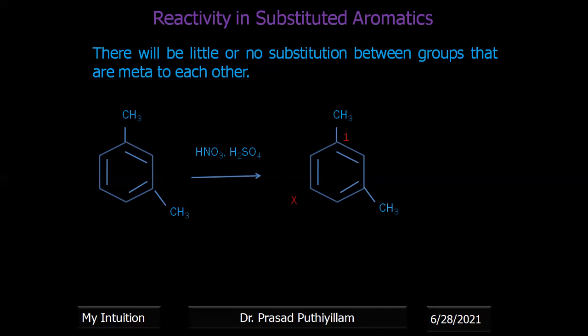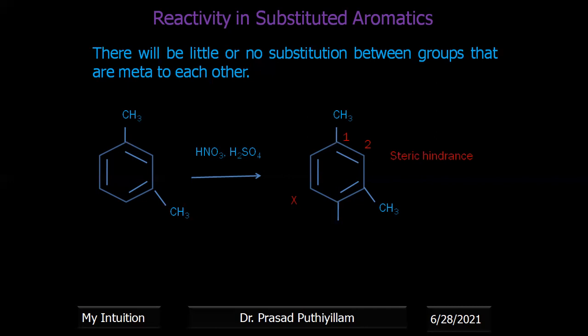What about position 2? Position 2 is an ortho position, but it is crowded. This CH3 group is also there, this CH3 group also affects it, therefore a little steric hindrance is there. Therefore, position 2 is also not so preferred.